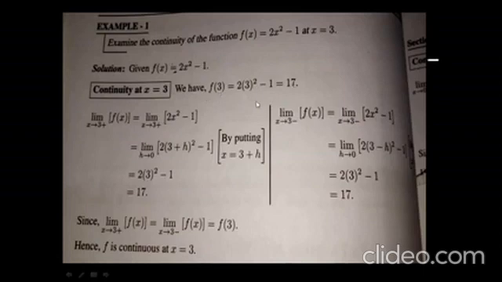Now we can easily find the right hand limit. For the right hand limit, we apply the formula: limit x tends to 3 plus f(x).